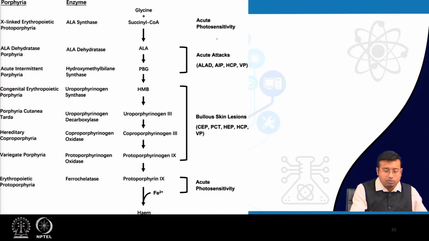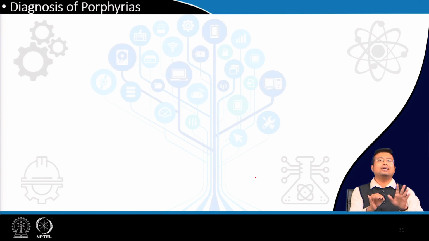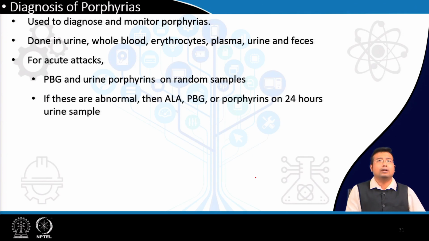We have added a new table where all the skin porphyrias that have skin lesions or acute attacks have been shown here. So, how can we diagnose porphyria? Already told, during diagnosis of acute intermittent porphyria, we need to detect the intermediates in urine. For an acute attack, what samples do we need to collect?